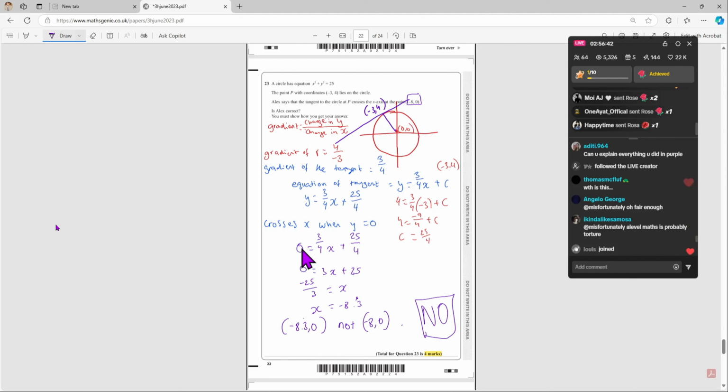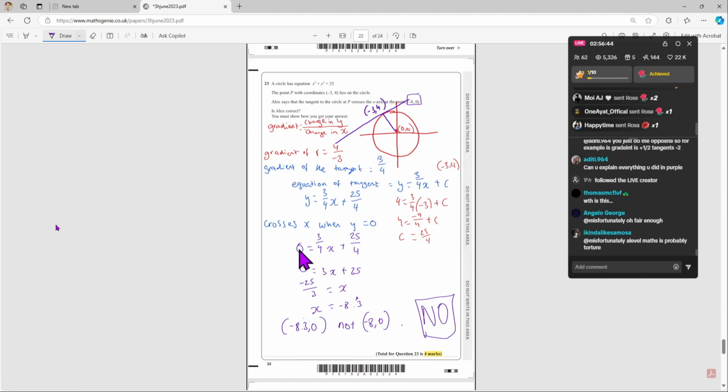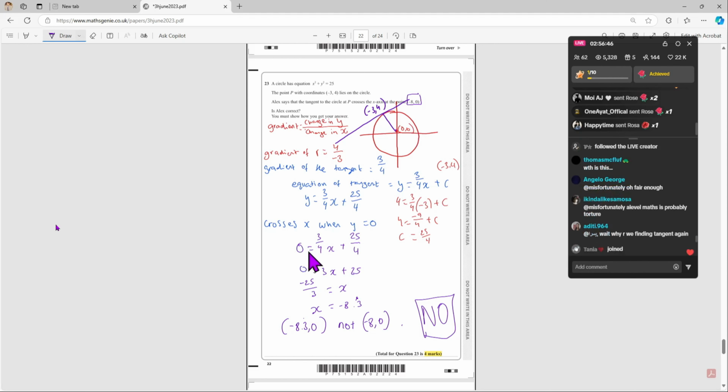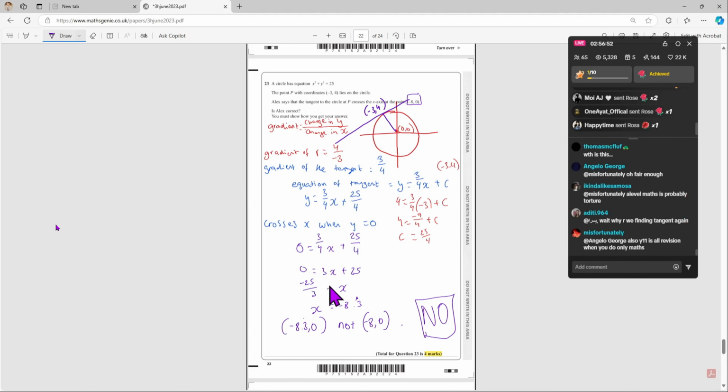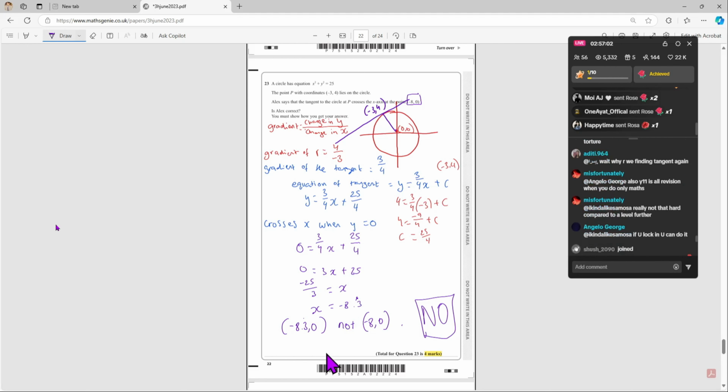So you get your y value, which is 0, which is equal to 3 over 4x plus 25 over 4. And then when you rearrange everything, you get x is equal to minus 8.3 recurring. As you can see, minus 8.3 recurring is not the same as minus 8. That means he is not correct.